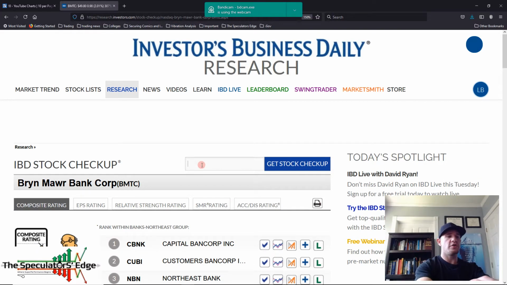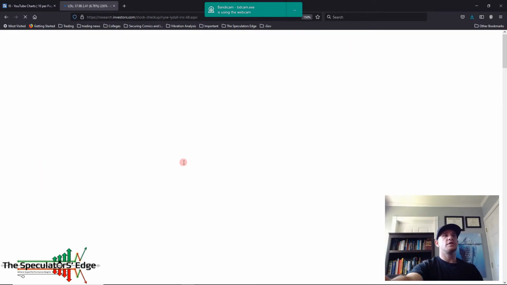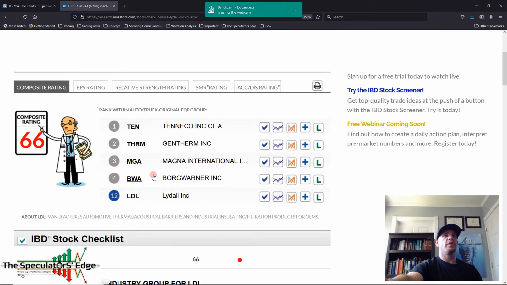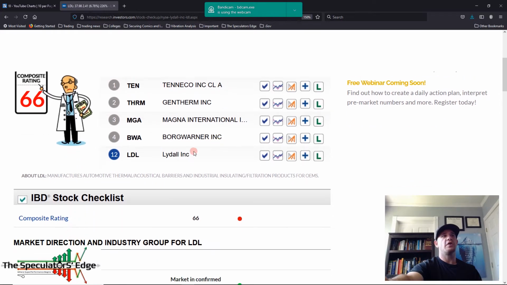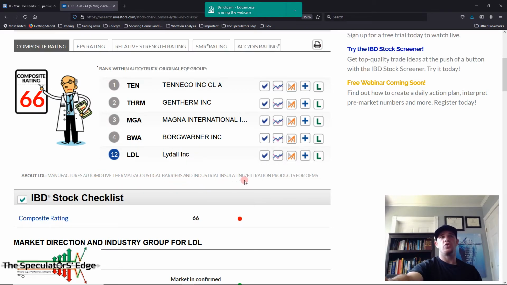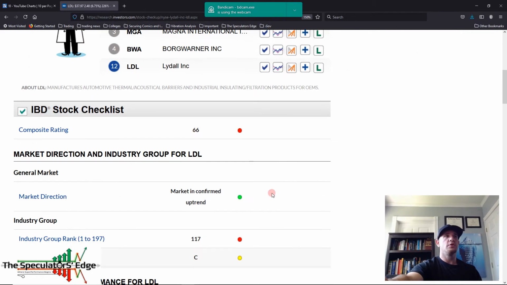Let's move on to LDL, and let's see what we have here. Its composite rating is 66, and it's ranked number 12 within its competitors. It manufactures automotive, thermal, and acoustical barriers and industrial insulating and filtration products for OEMs.